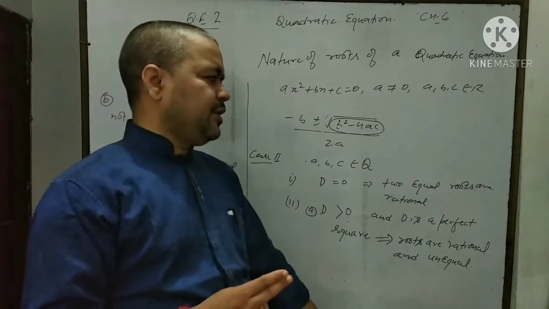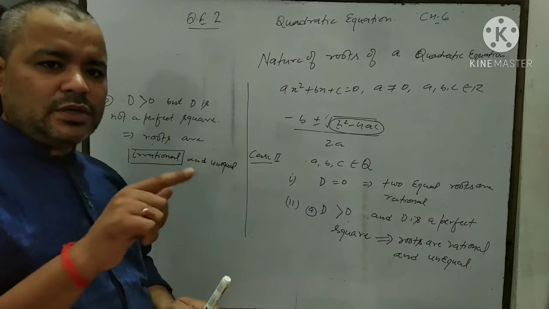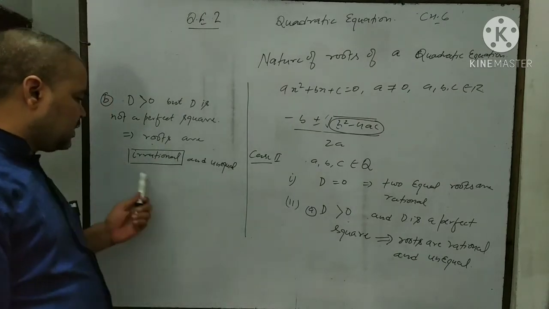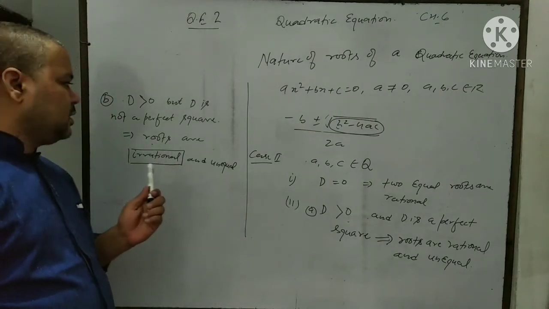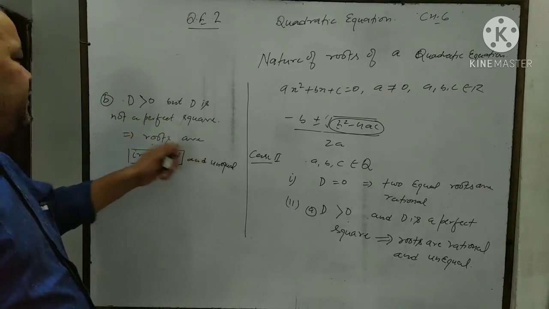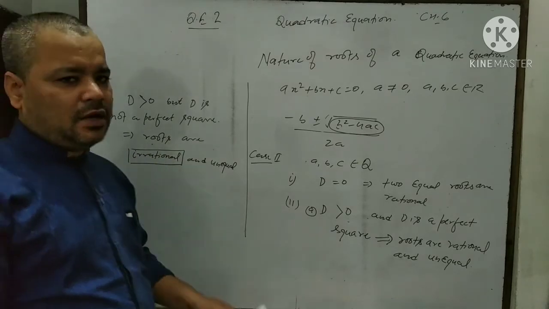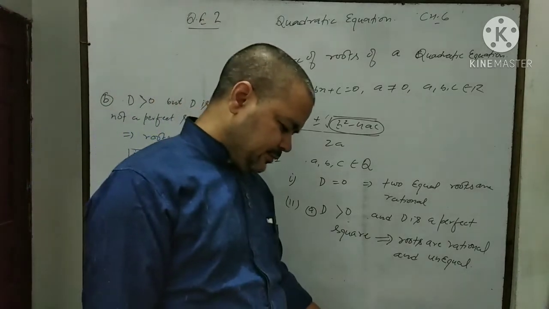In this way we get two unequal roots, but due to under root 11 they will be irrational. It means when the value of discriminant is greater than 0 but D is not a perfect square, then roots are irrational and unequal. Getting it?